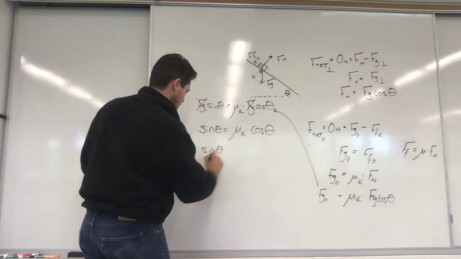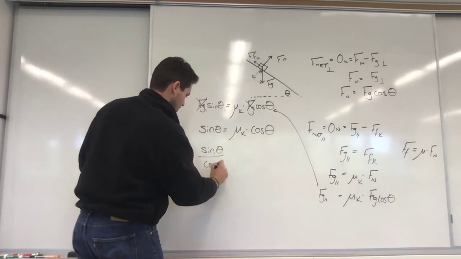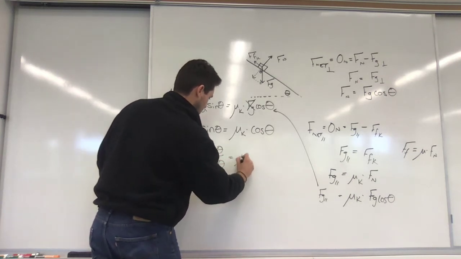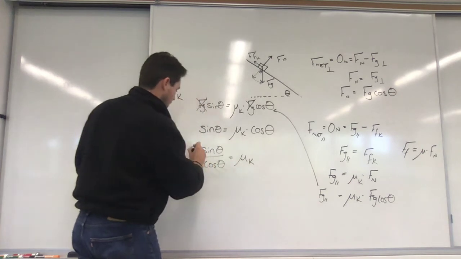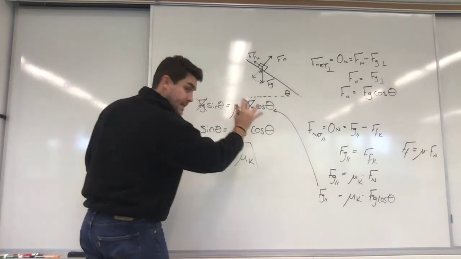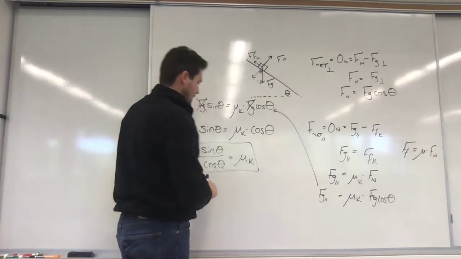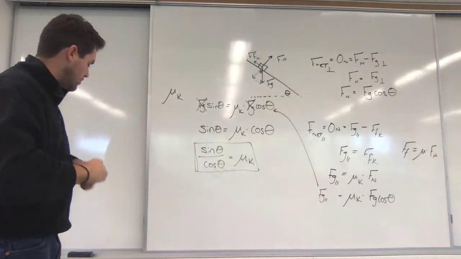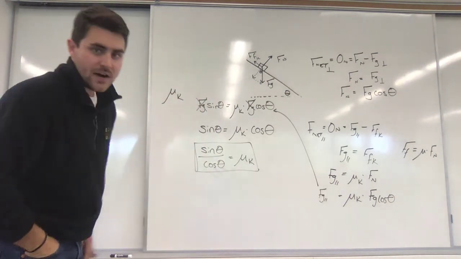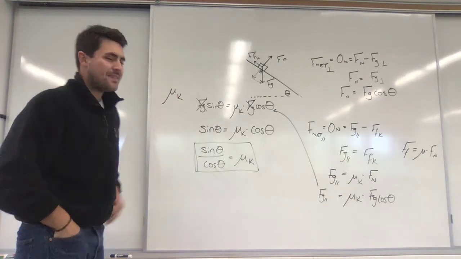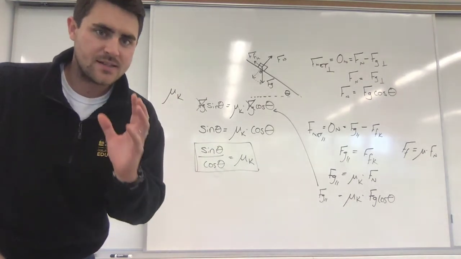Folks, the coefficient of kinetic friction is simply, in this case, very specific to this case, equal to the sine of your angle divided by the cosine of your angle. That is very specific to this case.